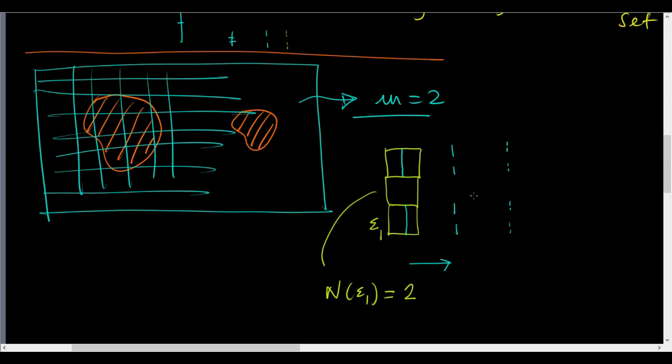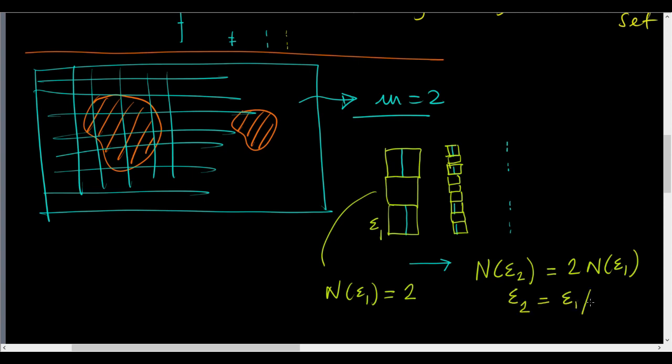Then we choose this to be our second epsilon, and what we will get is n of epsilon 2 is equal to 2 times n of epsilon 1, while epsilon 2 is equal to epsilon 1 by 3.